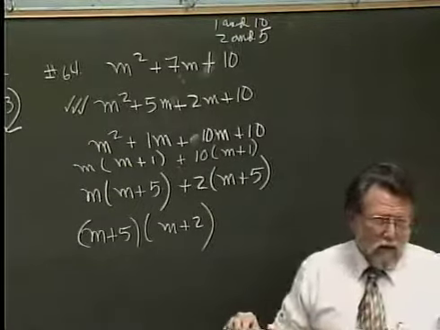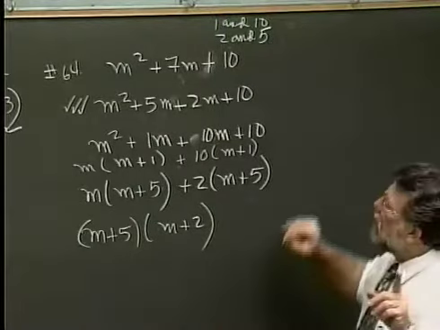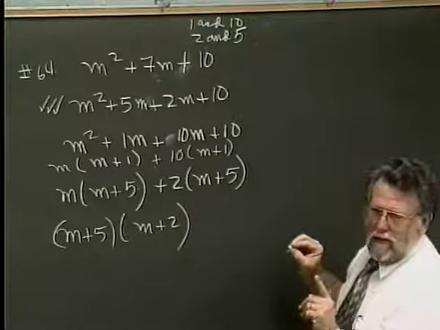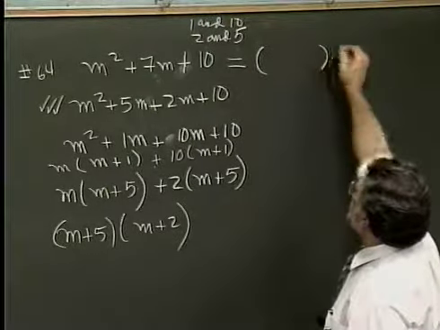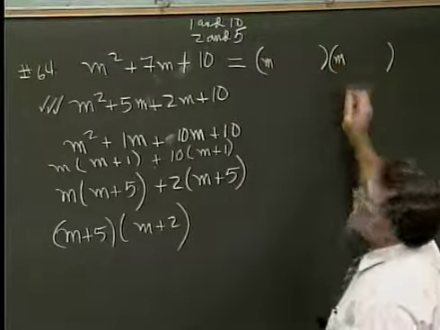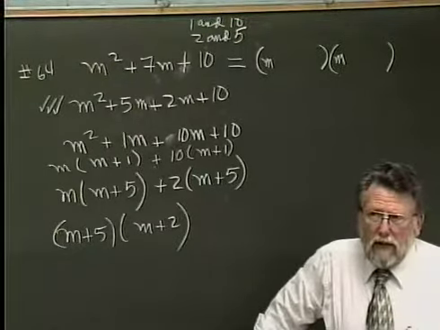Okay, I can't let that go. So let me take one step further. If I know that, if I'm going to make it work, it's going to have an m and an m. That's the only way it'll work, to get an m squared.